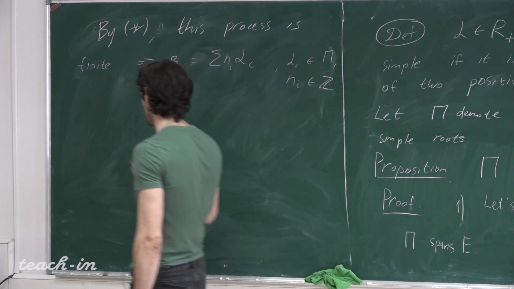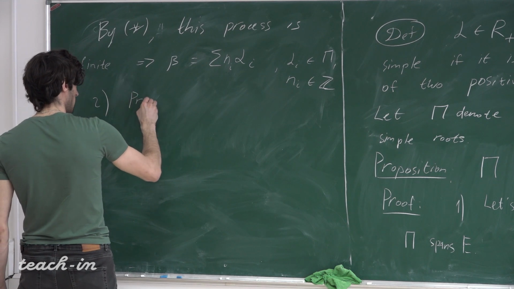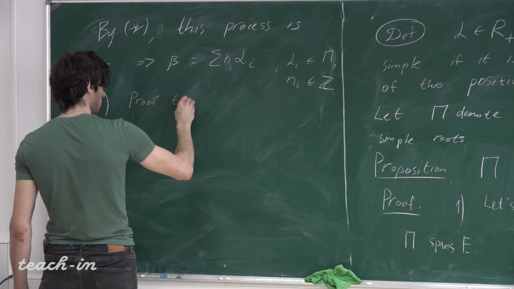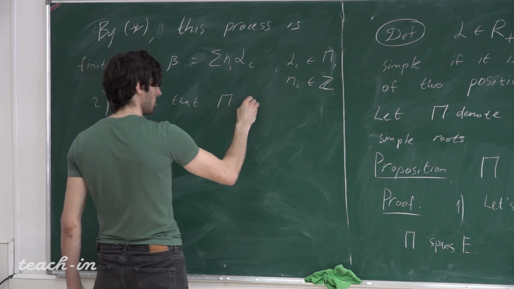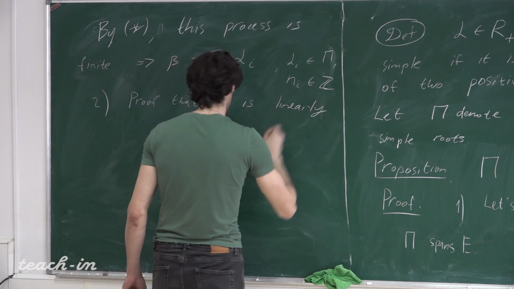So now let's prove that pi is linearly independent.